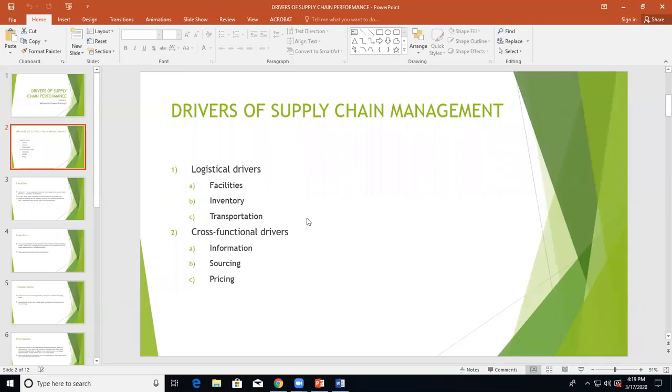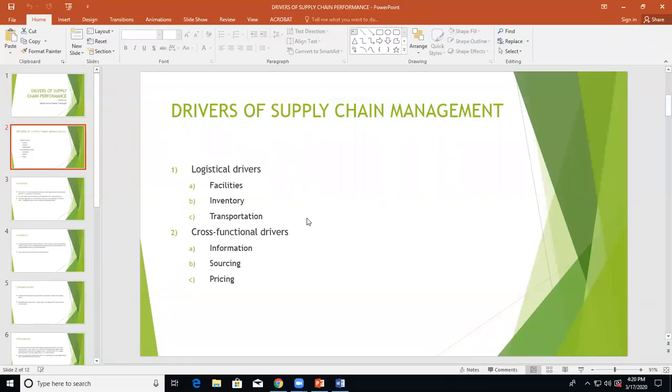For example, information will be interacting with the facilities. Information will be delivering its part in the facilities, in the inventory and transportation, in everyone. I will be discussing in detail as I told you before. So you have to be with me.